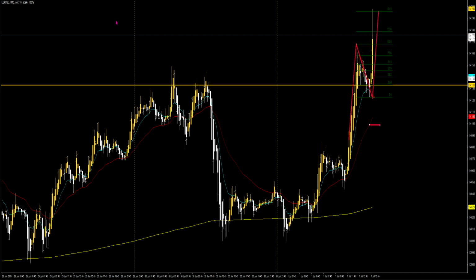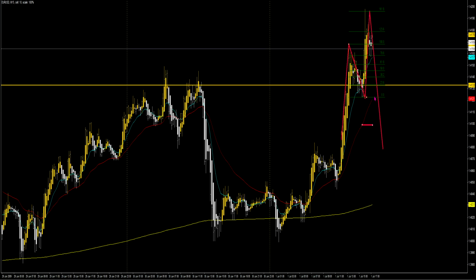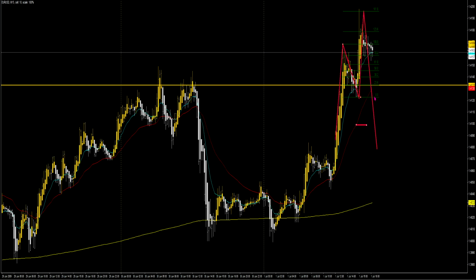And that's our limit. So if prices come down and trigger our sell stop order, then that is what we are looking for in this scenario. Let's see what happens further. Prices go up. So we are not triggered in yet.